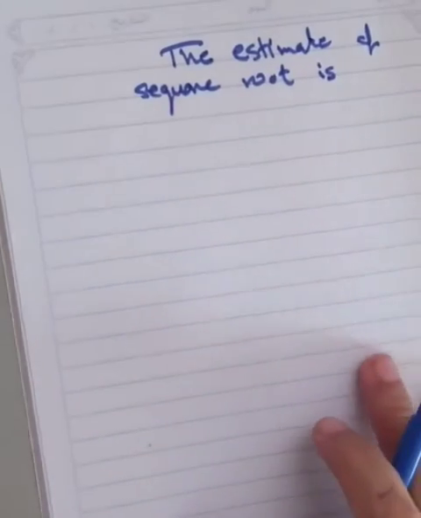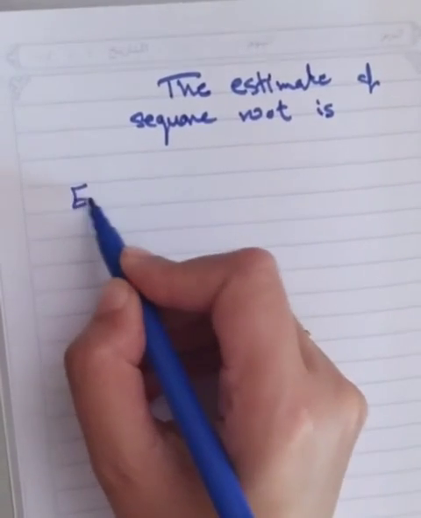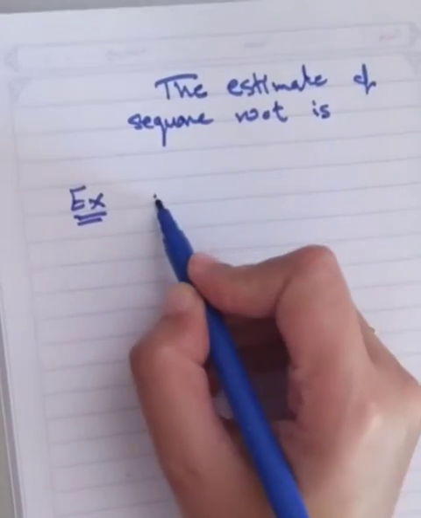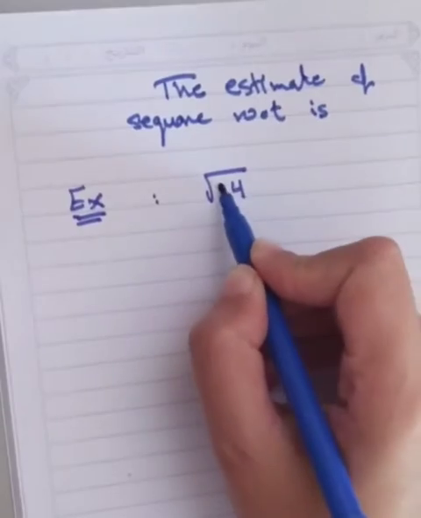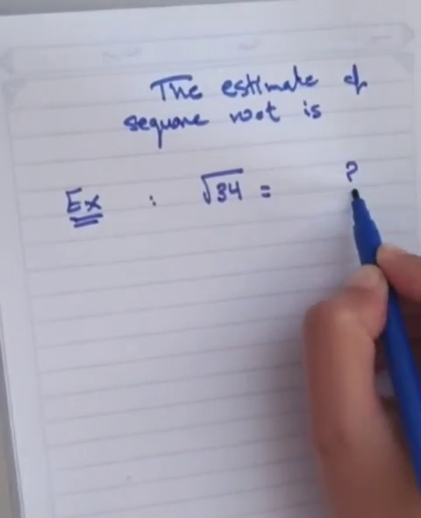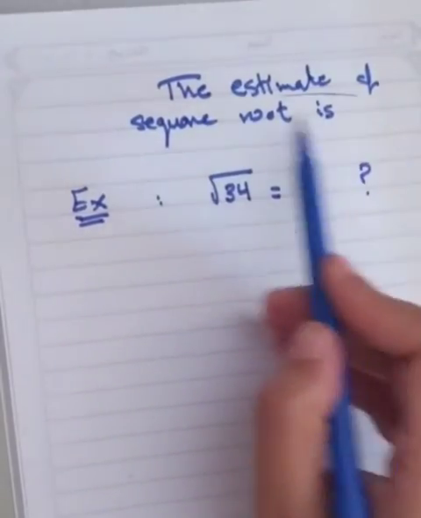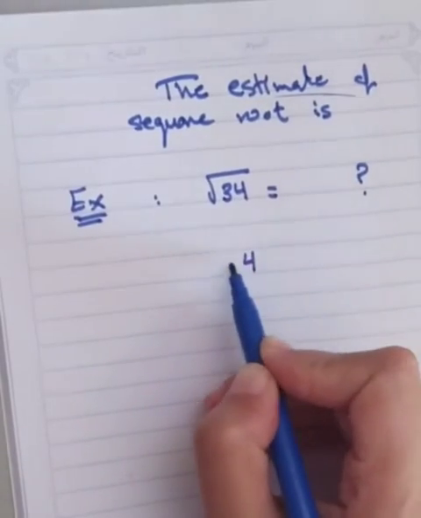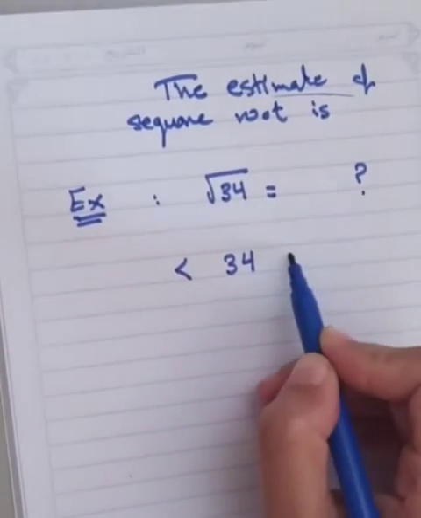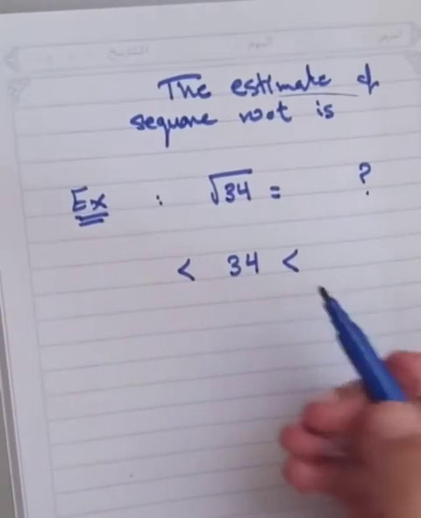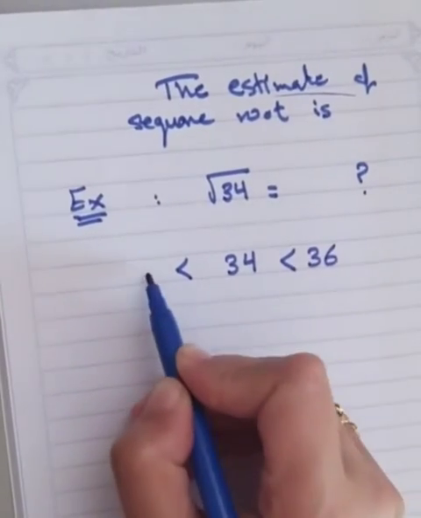The estimate of the square root: take this example, the square root of 34. I have 3 steps. The first, put 34 between two square numbers, 25 and 36.